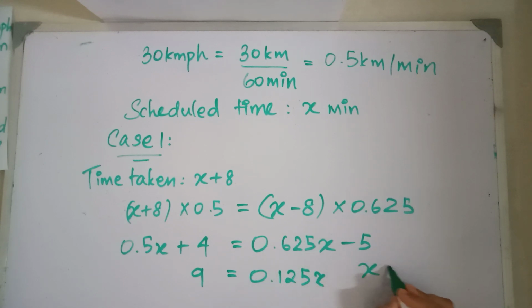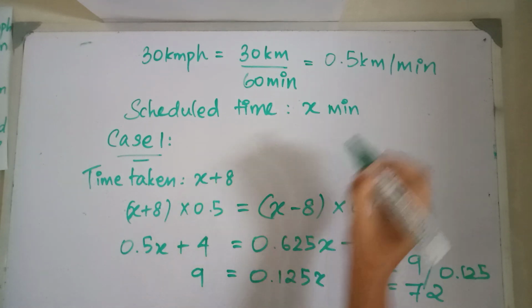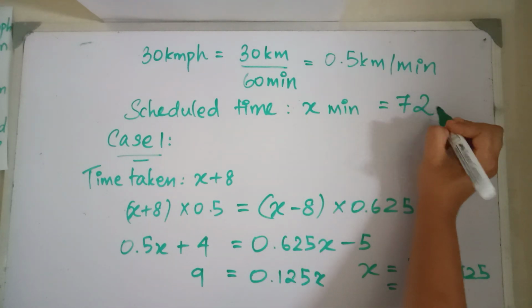You can find x by taking x is equal to 9 by 0.125, and this will give you 72. Okay, now we have found out the value of x. x is equal to 72.